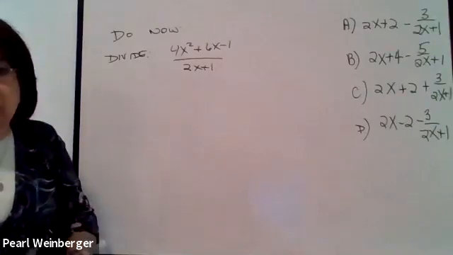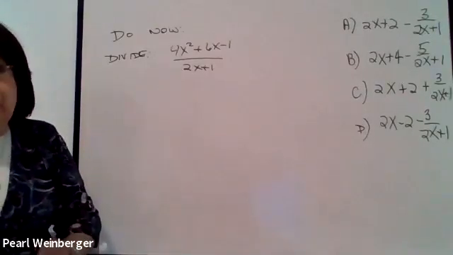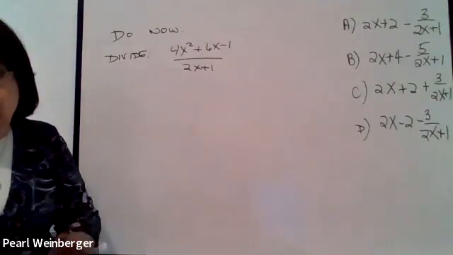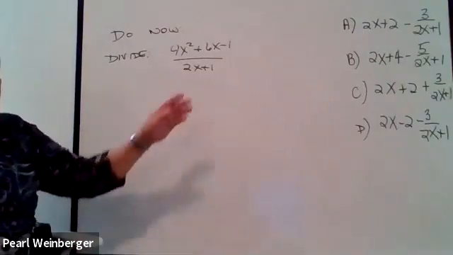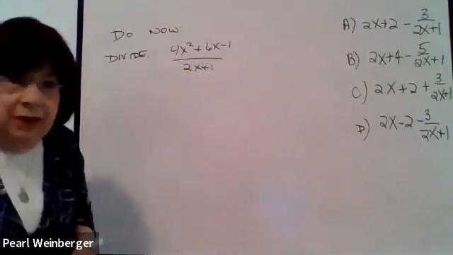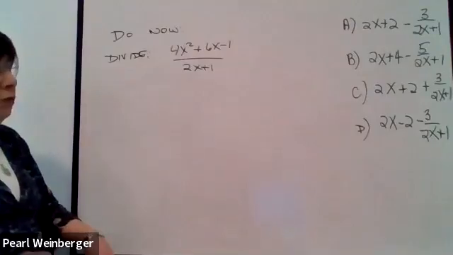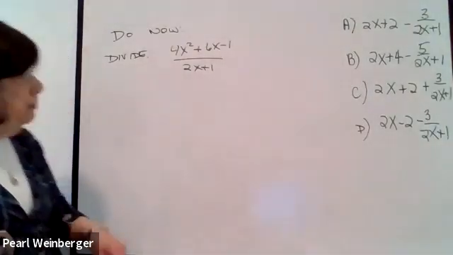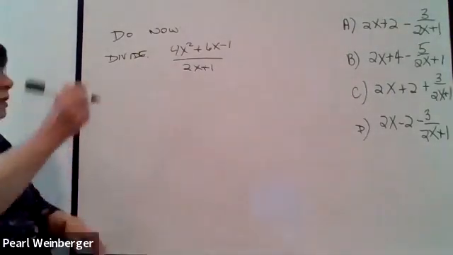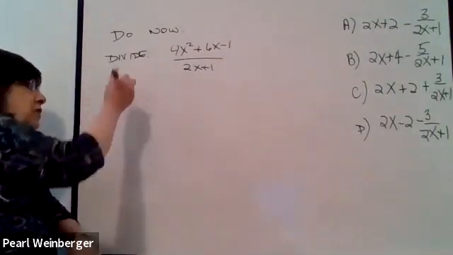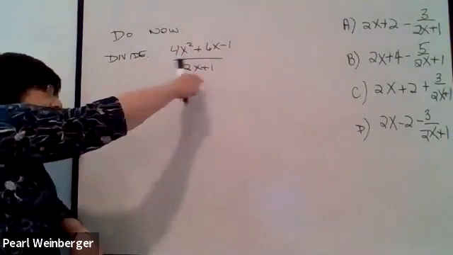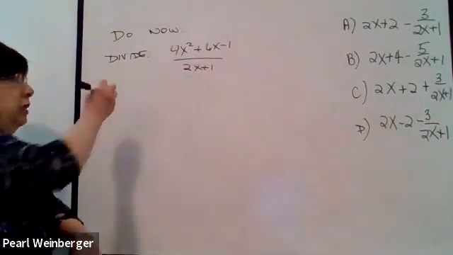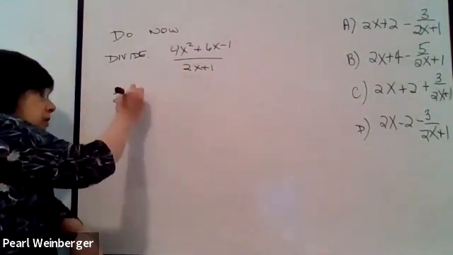Okay, let's now quickly but carefully go through this example. I saw some people sent me what they thought was the correct answer, and some people did have it correct and some people didn't, but let's do it. Again, it says divide, and since what I'm dividing by is a binomial, I have to set it up like a long division.